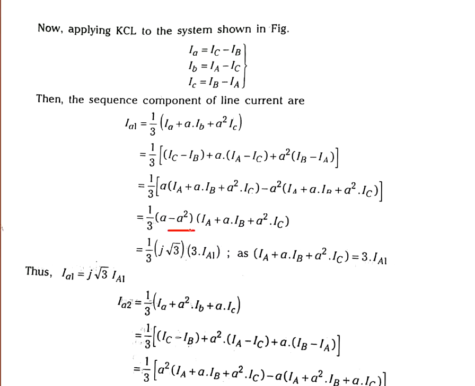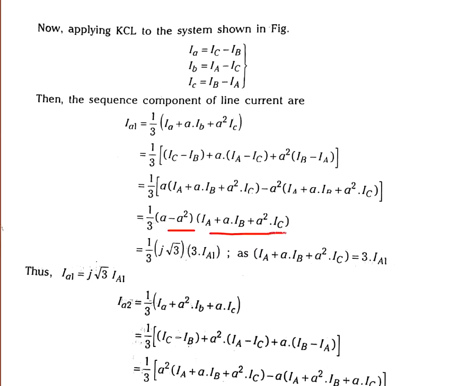A means e raised to j120, and A square means e raised to j240. If you substitute those values, finally you will get j root 3. So IA plus A IB plus A square IC, you will get 3 IA1.